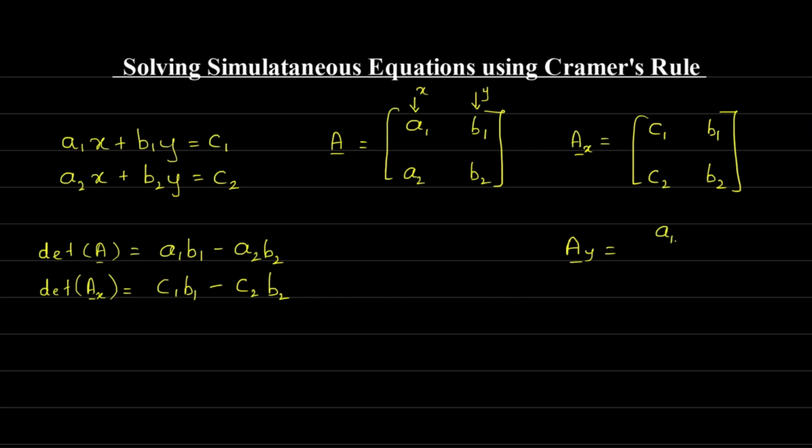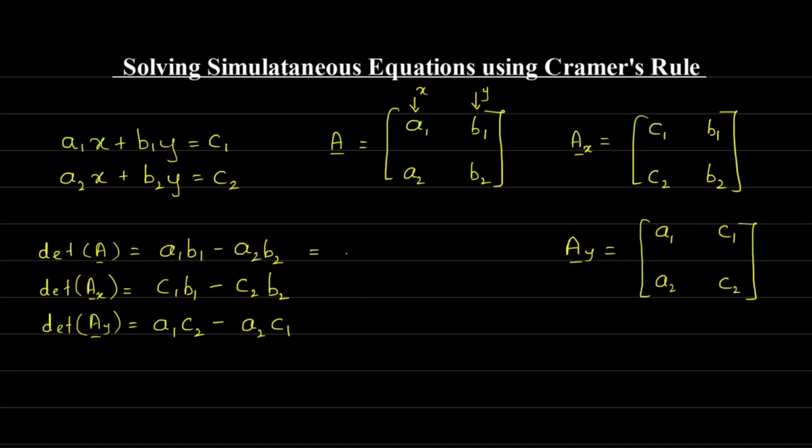So therefore we get a1 here, c1 instead of b1, and a2 that remains, and c2 instead of b2. And we get the determinant of that too. Determinant of Ay, which is going to be equal to a1 c2 minus a2 c1.